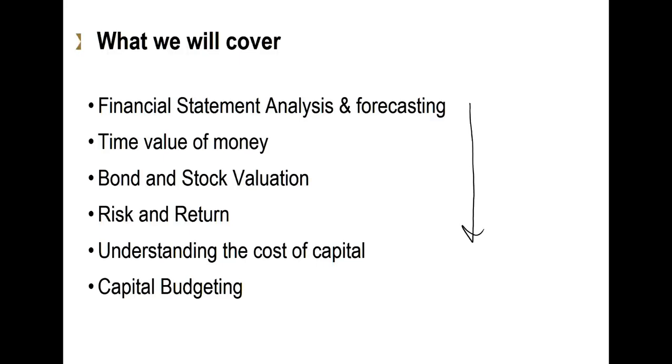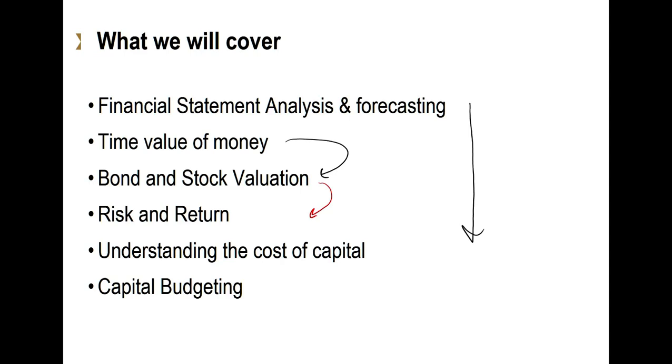We use the time value of money concept to help us find the value of financial assets, such as bonds and stocks. We then talk about the relationship that needs to exist between risk and return, right? Compensation has to be a function of how much risk we bear.